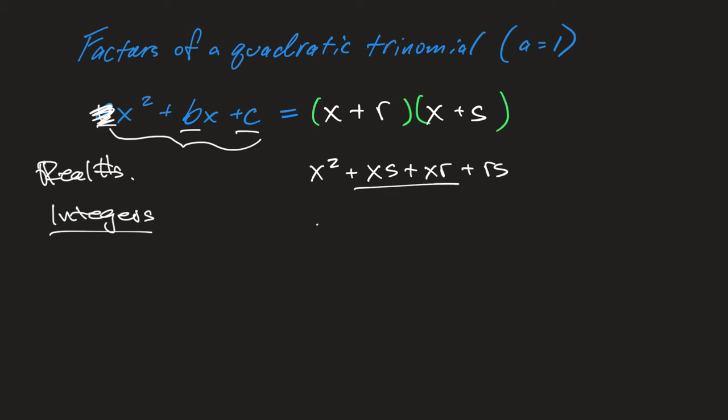Rearranging the middle terms, I have x squared plus x times r plus s plus r times s, where b equals r plus s, and c equals r times s. And this is going to become important. We're going to be looking for factors that have a particular relationship.